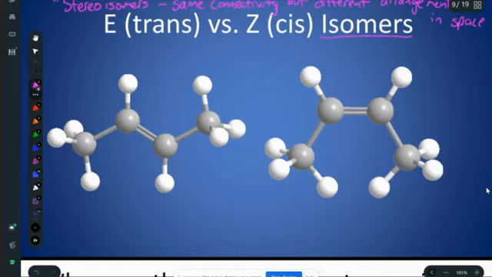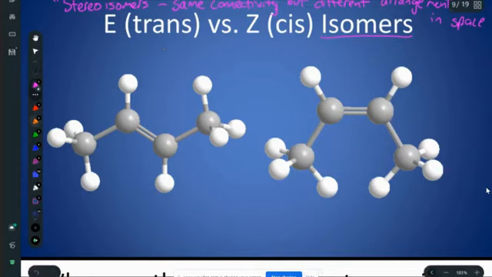It's going to tell you I'm bonded to the same four things or the same three things as the corresponding atom in the other molecule would. They both have CH3 bonded to a CH, bonded to a CH, bonded to a CH3. The only difference is how they're arranged in space. And so we want a way to distinguish between these.